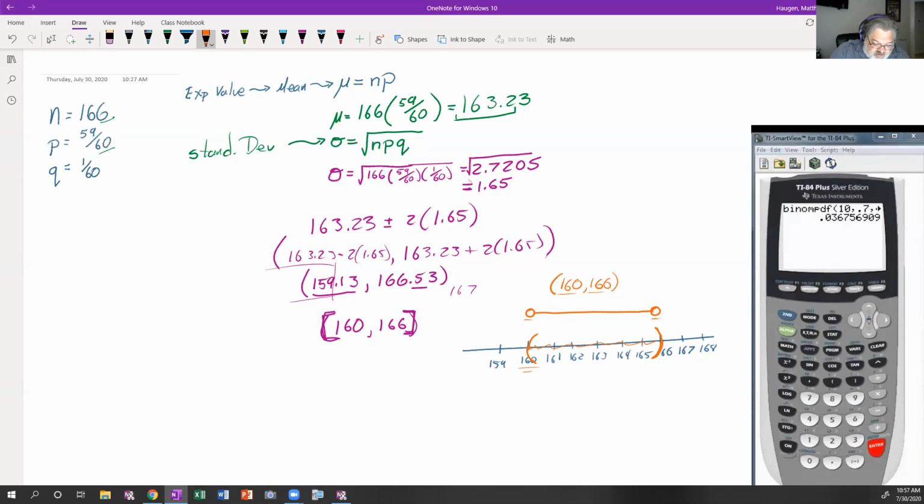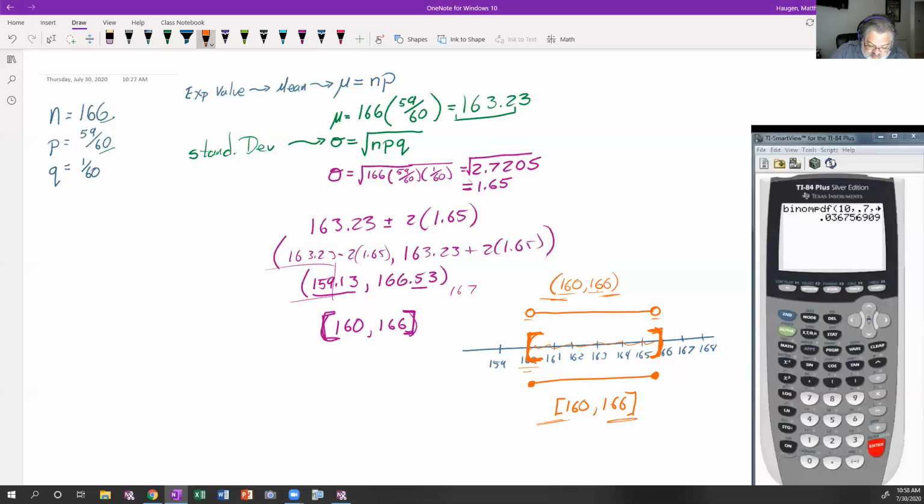But because these are whole numbers where we rounded down and up, we want to say, start at 160 but include it, and go to 166 and include that number as well. So the difference is those endpoints. The square brackets say include this value and include that value, where the parentheses say start here but don't include it, end there but don't include it.